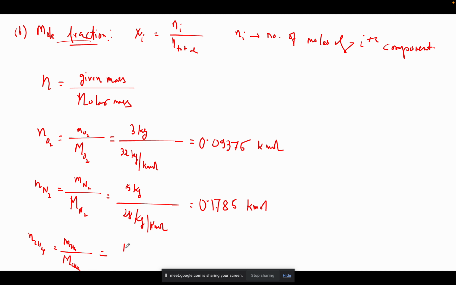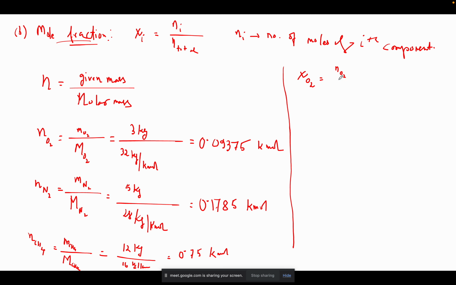Given mass of methane is 12 kg and molar mass of methane is 16 kg per kilomole. So 0.75 kilomole.